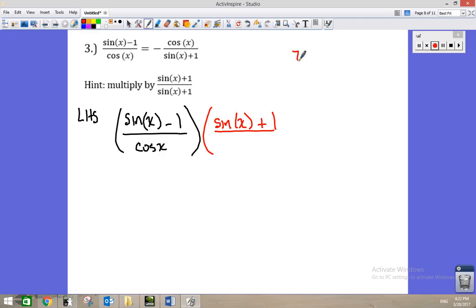See, a plus b and a minus b are what they refer to as conjugates, and that multiplies to a squared minus b squared. And that's very convenient for us. Alright, sine of x plus 1.